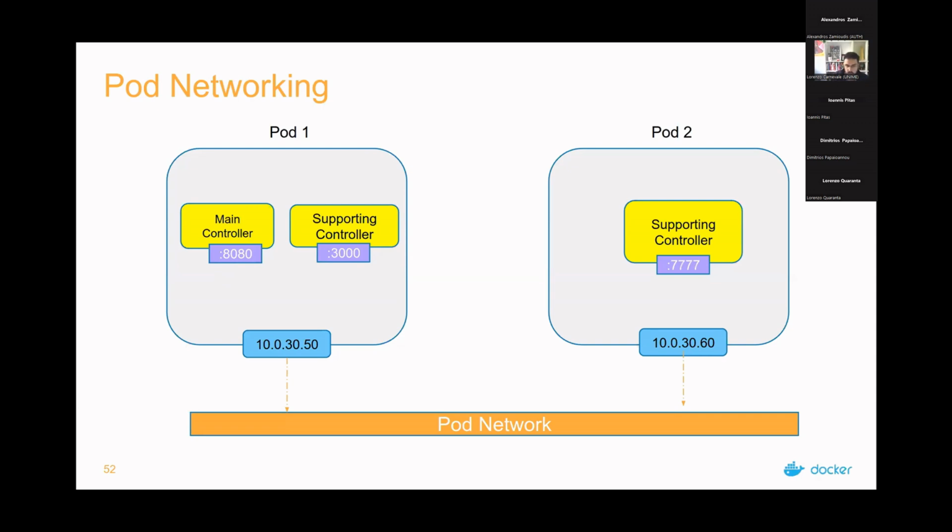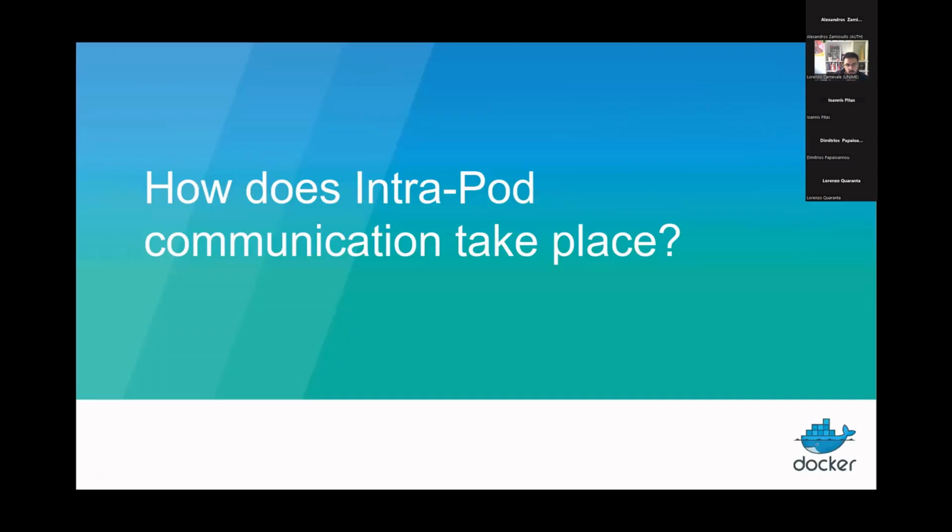To make an example, that means these three containers are visible just in that network. Even Kubernetes, of course, has to abstract this facility, and it creates the pod network. So over the pod network, these two pods can communicate and can be visible to each other.